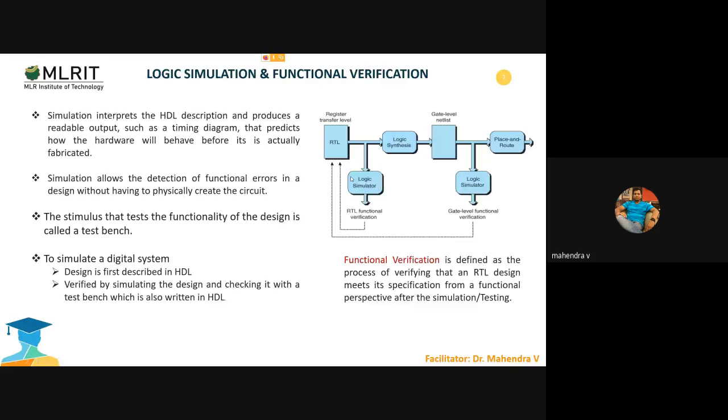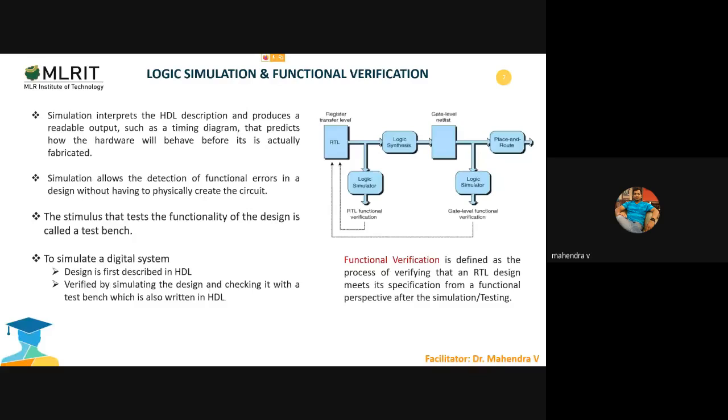The simulator interprets the HDL code you have written, takes the input, and then produces the output. During functional verification, we can verify whether the output is equal to the expected output or not. How do you know the expected output? At the first level, capturing the specifications, we might have captured them. These are the inputs, these are the outputs. If inputs are this, output should be this.